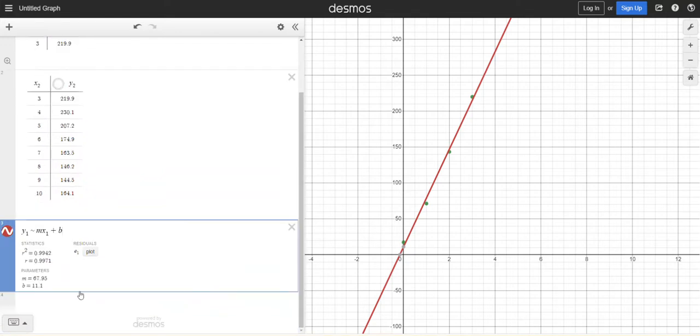And looking at that, I have a great fit. R squared is 0.99 something. And they've given me the slope and the y-intercept. So, just for my own use, I'm going to write that down. I believe the linear piece is y equals 67.95x plus 11.1.